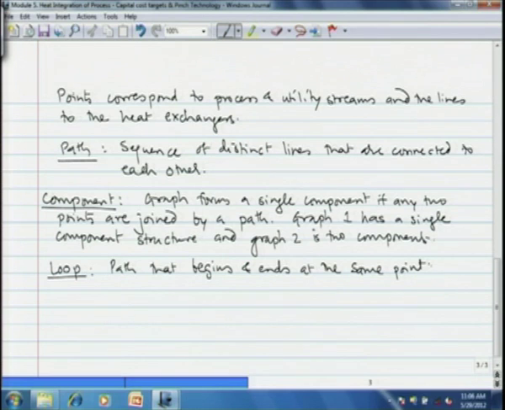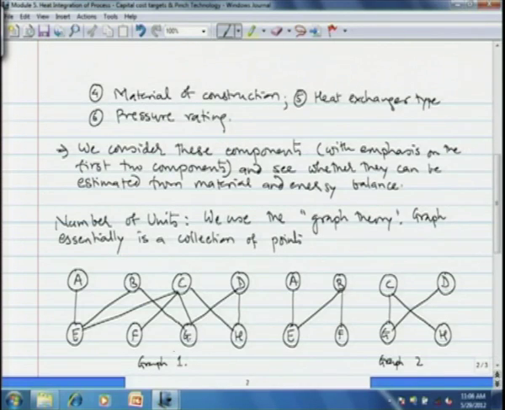For example, in graph 1, B, G, C, E, B is a loop.